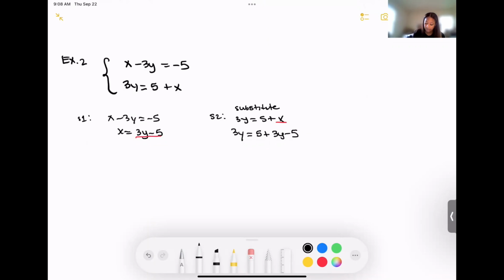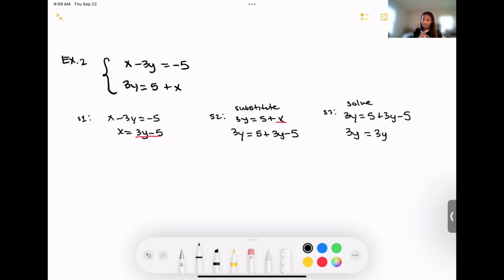All right, and then step 3 is to just solve this equation. So step 3, we want to solve 3y equals 5 plus 3y minus 5. On the right-hand side, we have 5 plus 3y minus 5, that simplifies. Then we just get 3y is equal to 3y.